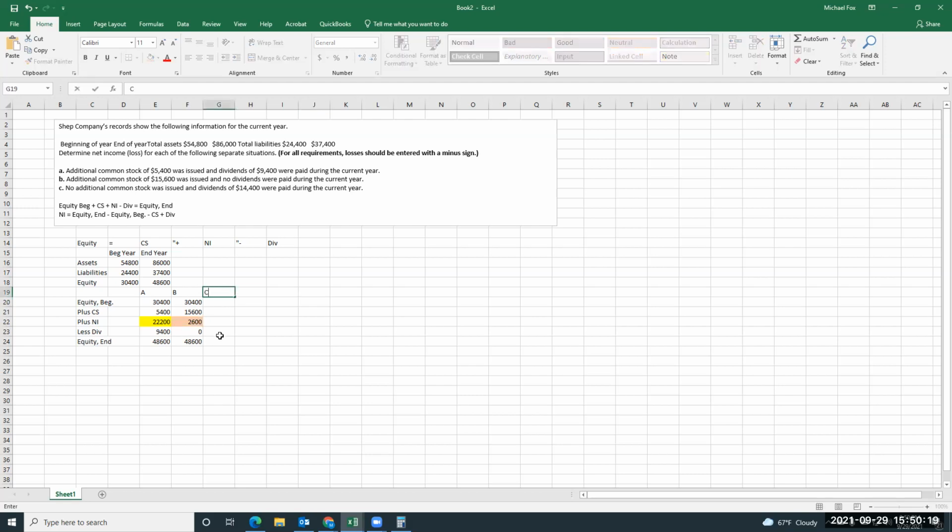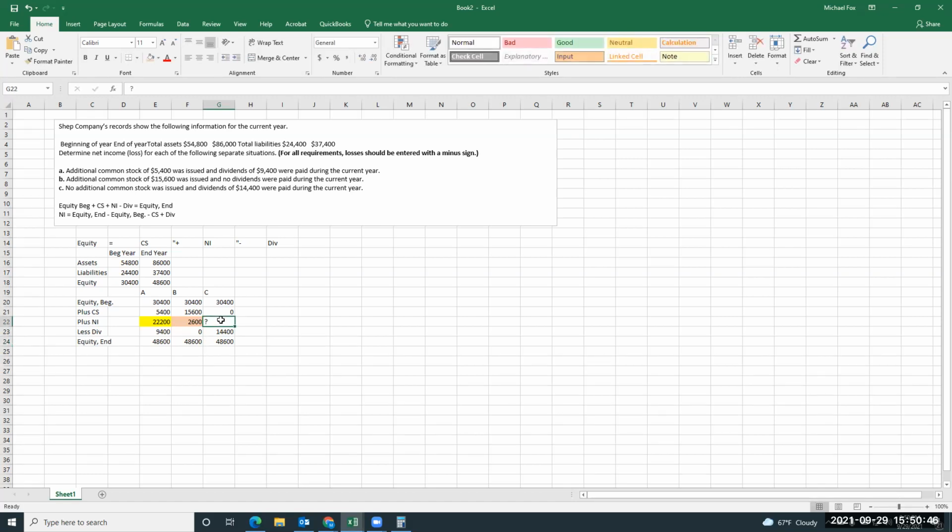Scenario C: no additional common stock was issued and dividends of 14,400 were paid during the year. Again, beginning equity of 30,400. No common stock was issued. We don't know what our net income was; that's our question. Our dividend was 14,400, and our ending equity was 48,600.